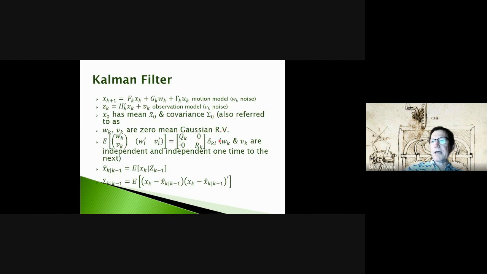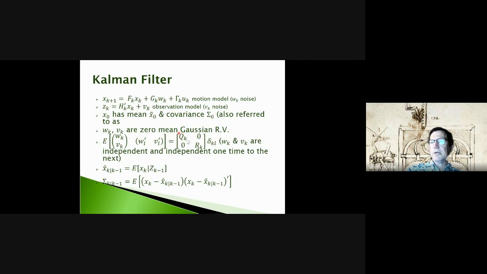And this is just kind of a fancy way of saying that between one sample of noise of the motion model and a noise of the sensor model and another sample of those at l, the expected value of this product of these here is going to be what this is really telling us, that these W's and V's are independent of each other, right?